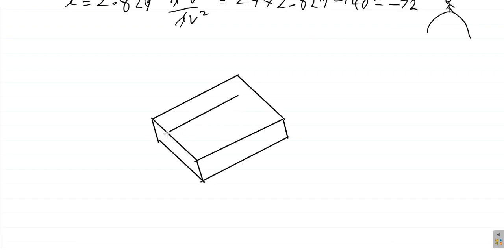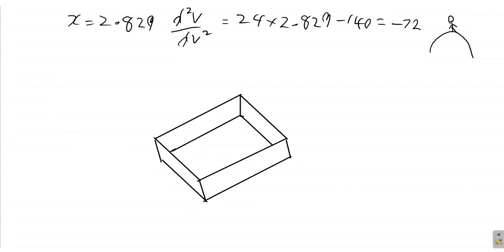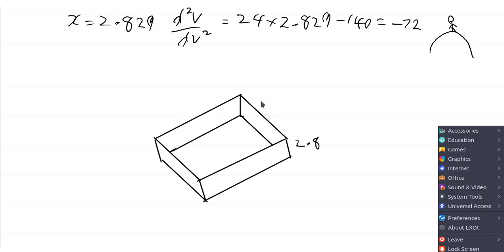All right. So you have x, let's just round to one decimal place, call it 2.8. Then we have 15 minus 2 times 2.8.